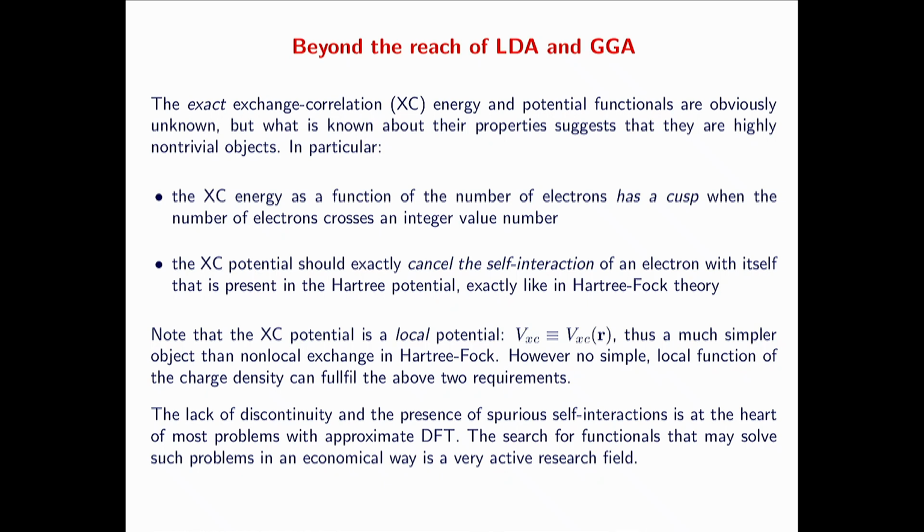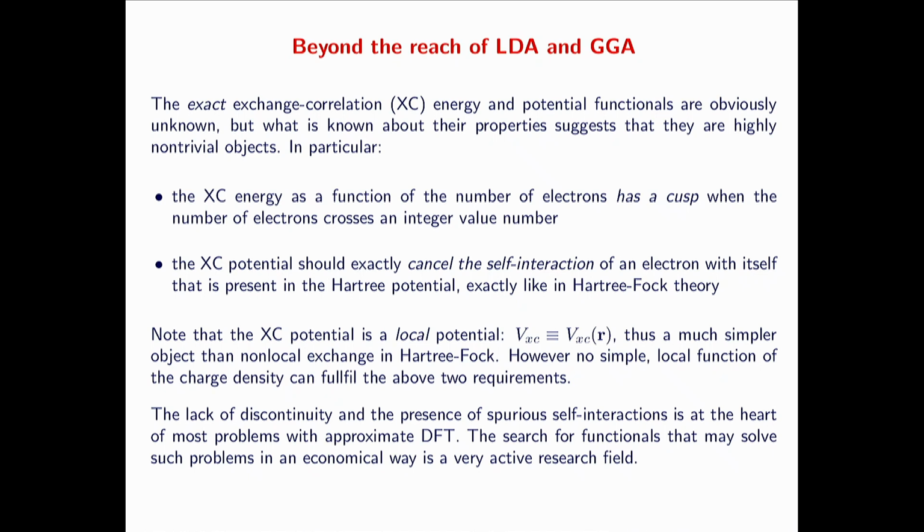This interaction of an electron with itself is called self-interaction. In Hartree-Fock, if you perform a calculation for one electron, then you have exact cancellation of the self-interaction by construction. This is not, unfortunately, true for all approximate density functionals.